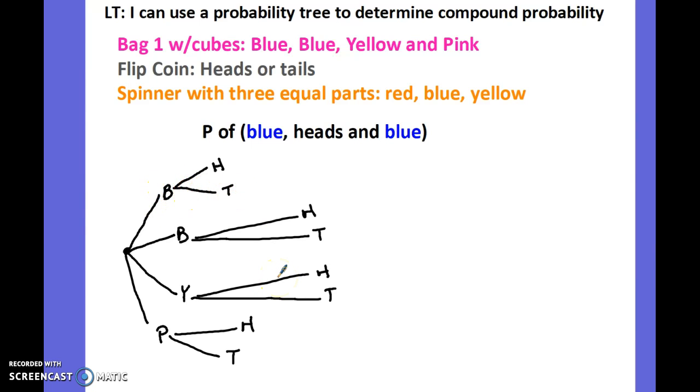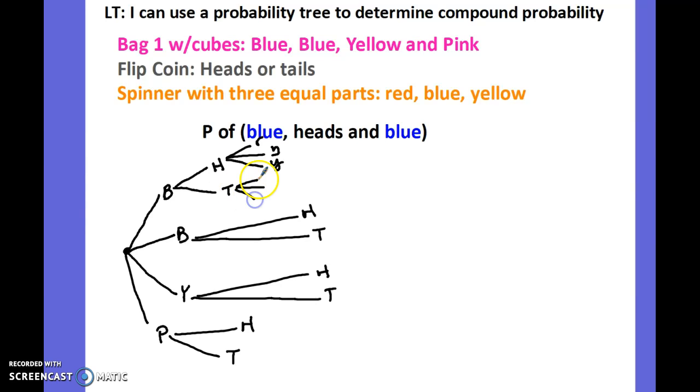But unfortunately, it's not just two actions. There's a third action in which we've got to do a spinner. So from each one of these branches, we've got to branch off again into three equal parts. One, two, three, and that would be red, blue, yellow.